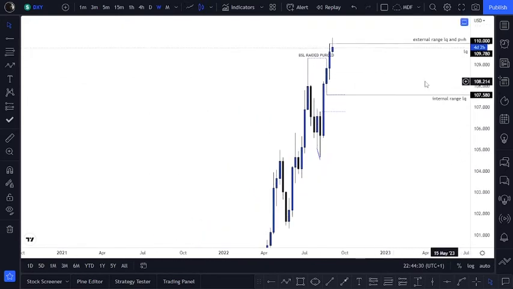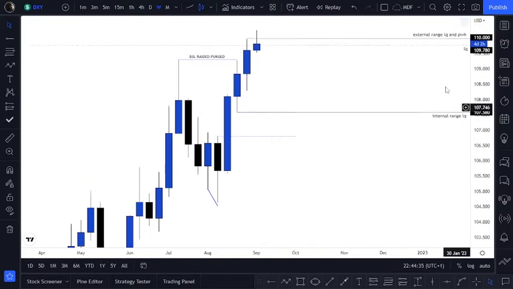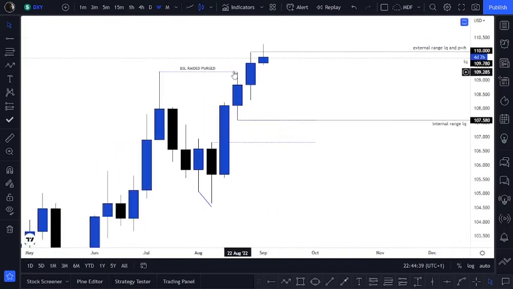Looking into the weekly time frame here now, we have buy side liquidity here being run out on dollar index. We have this as the previous week high, which price already ran out. As of the previous week, which was the first week of September, why did the market run out this buy side liquidity?